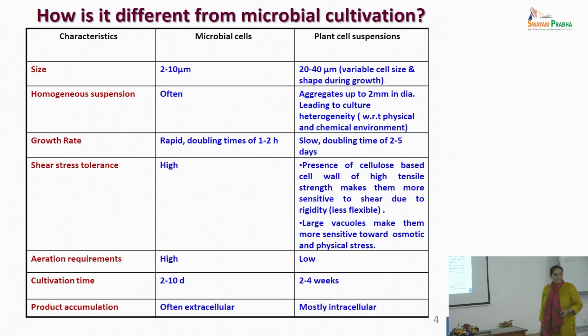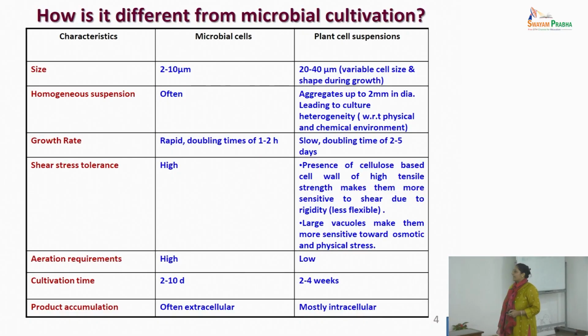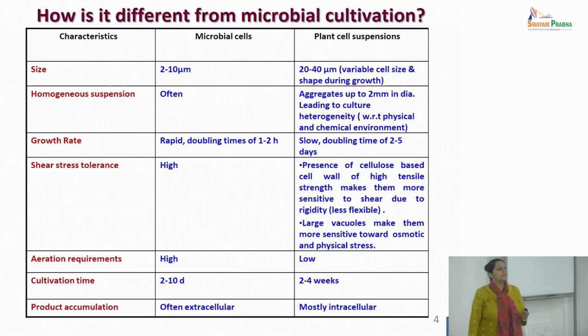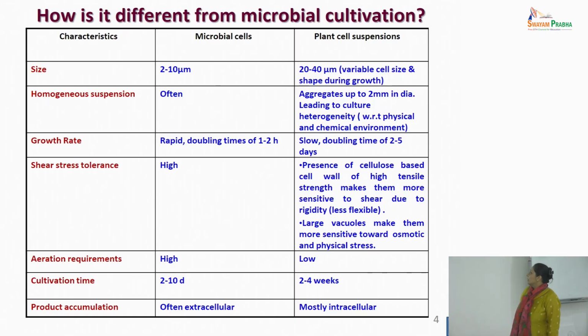So plant cells, as I said, tend to aggregate, and you may see cell aggregates as large as 2 millimeters in diameter. Now, growth rates: we know your microbial fermentations generally get over in hours, 24 hours at the max. Fungal, a bit more.